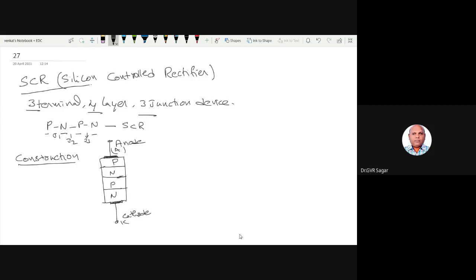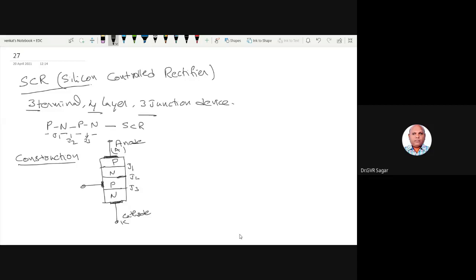Right. So in between, see here, one PN junction is formed. This is called junction J1, this is junction J2, and this is junction J3. So three junctions are formed, right? From the third junction, from this P material, again an aluminum foil or aluminum metal is placed, and another terminal is taken out.